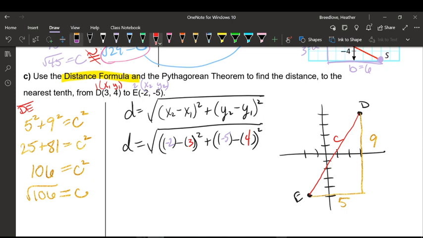All right, so now I'm going to simplify. D equals, I know I'm doing the square root last. So in here, parentheses before the exponent. So I have -2 minus 3. That's -5. And that's going to be squared plus -5 minus 4 is -9. And that's going to be squared.